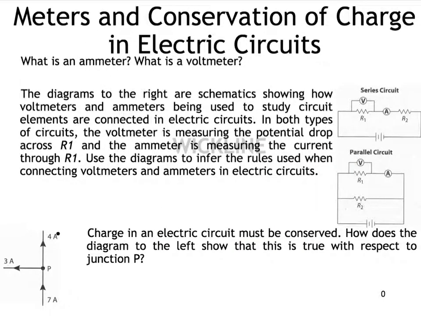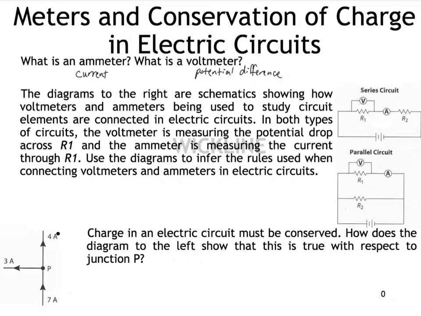Alright, let's talk about meters and conservation of charge in electric circuits. An ammeter measures current and a voltmeter measures potential difference. In these diagrams, you can see the correct way to place the ammeters and the voltmeters. The voltmeters always need to have a separate pathway drawn parallel to a resistor to measure the voltage drop at that resistor.